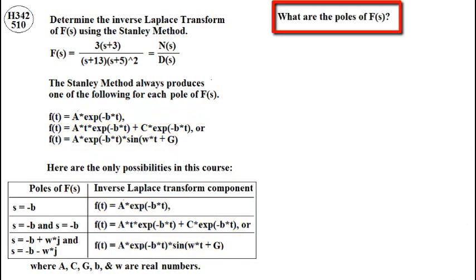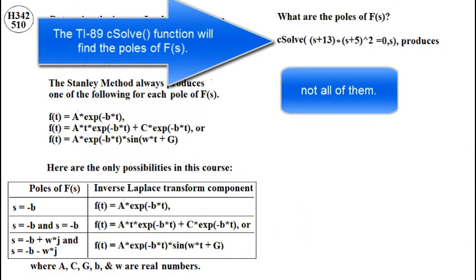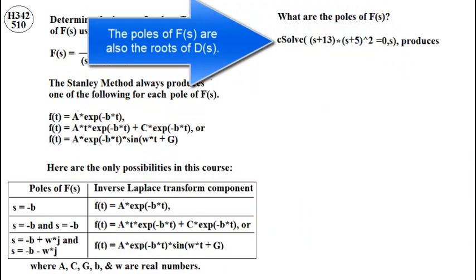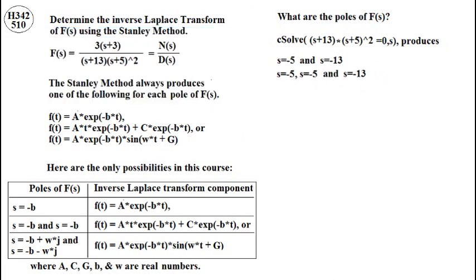What are the poles of the S-domain function? The TI-89 cSolve function will find the poles of F. The poles of F are also the roots of the denominator, which could have been determined by inspection because the denominator is already factored.